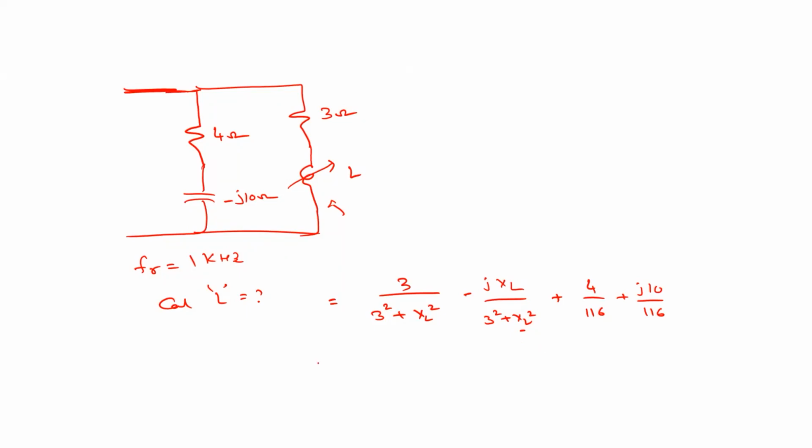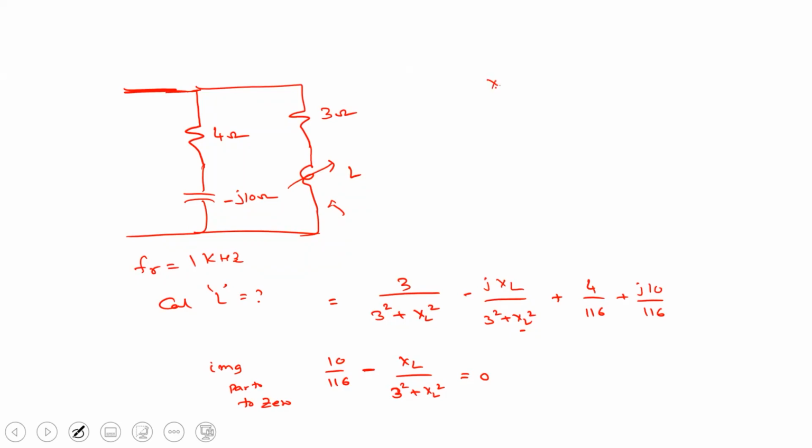What is the imaginary part here? 10 by 116 minus XL by (3 square plus XL square), and this is equal to 0. So the quadratic equation is 10 XL square minus 116 XL plus 90 equals 0.